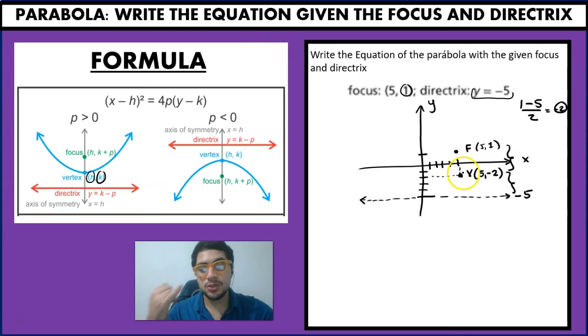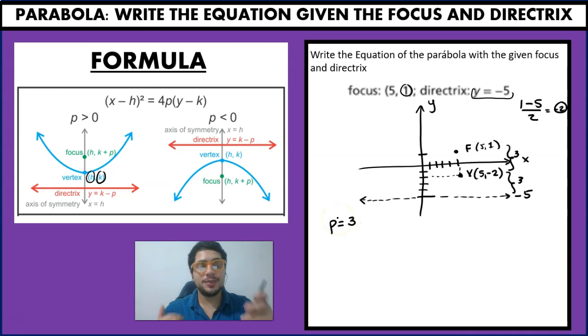So we're going to go minus 2 to minus 1, minus 1 to 0, and 0 to plus 1. So it's going to be a distance of 3. And we can verify that from minus 2 to minus 5, we have minus 2 to minus 3 to minus 4, and then to minus 5. We're going to have a distance of 3, which means that our value of p is going to be 3.